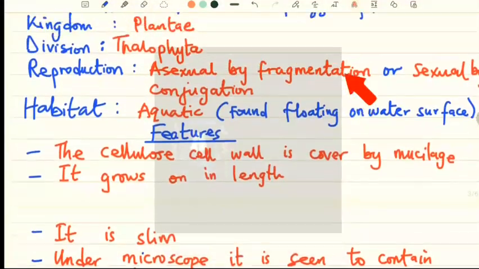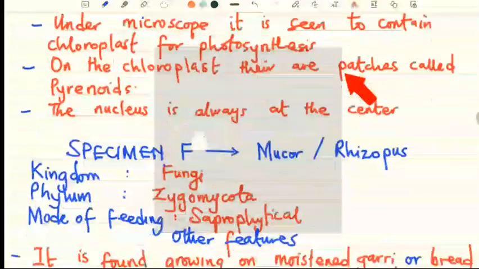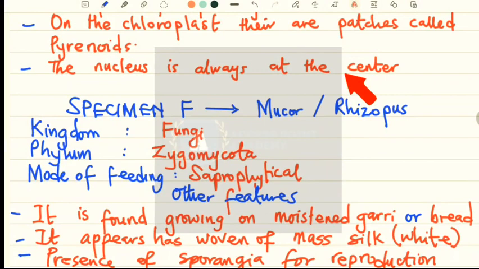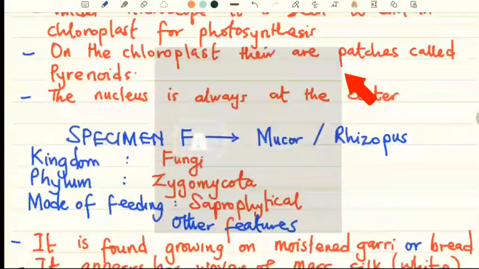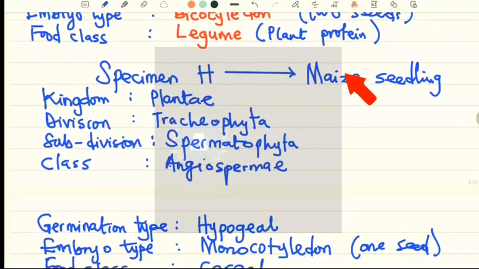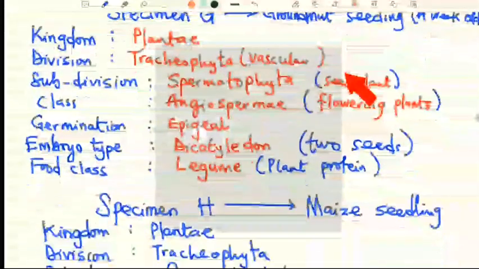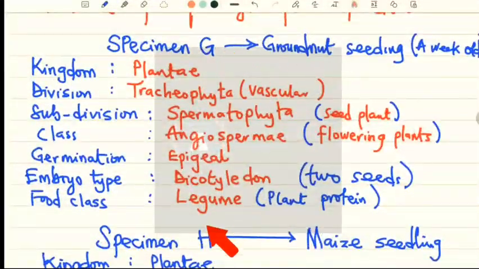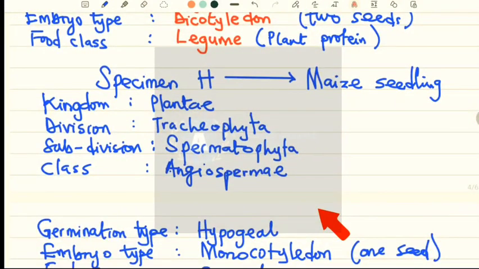You need to know the similarities and also the differences between specimen E and specimen F. Please note the difference between specimens E and F, and then also their similarities. So using the information you have there, then specimen H and specimen G, you need to know their differences and also their similarities. So the next one is the maize seedling, that's specimen H.